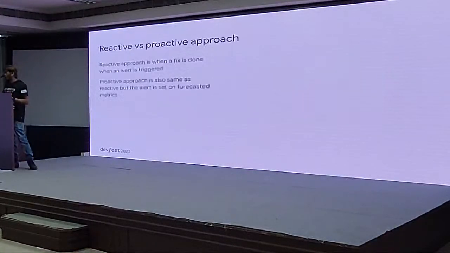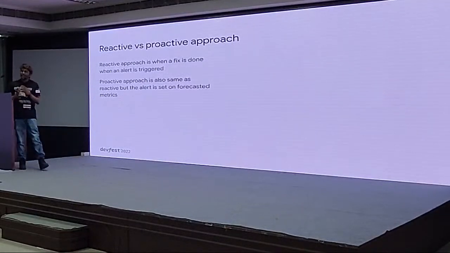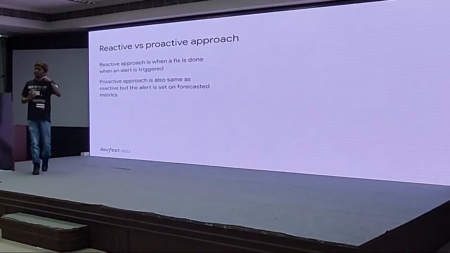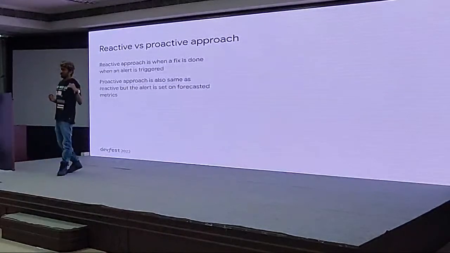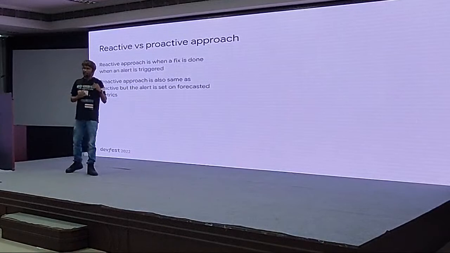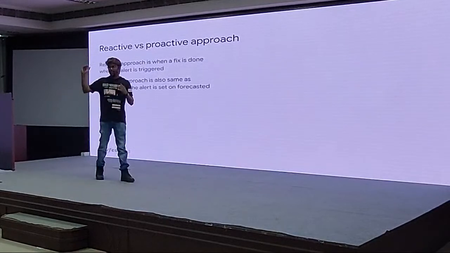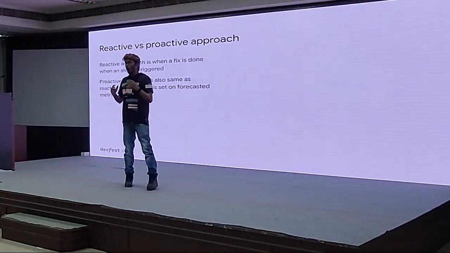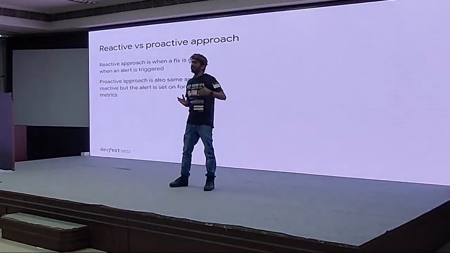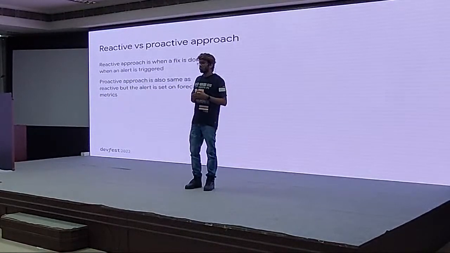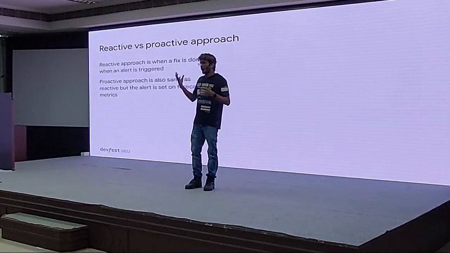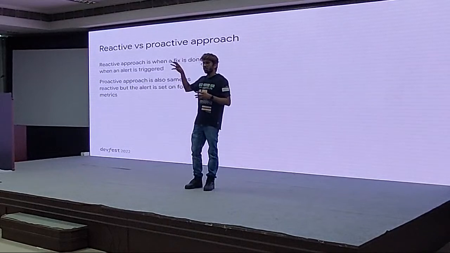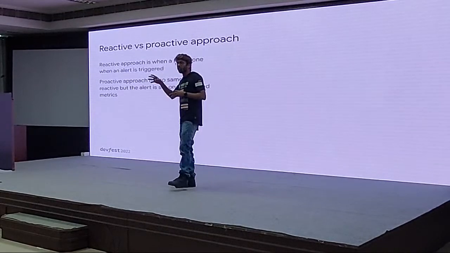But what proactive means is, it is also similar, but these alerts are set on forecasted data. There can be metrics which we can forecast, right? All this metric data is in a time series database. So for a given time Y, there will be a data X, right? The CPU usage for a particular time will be recorded.